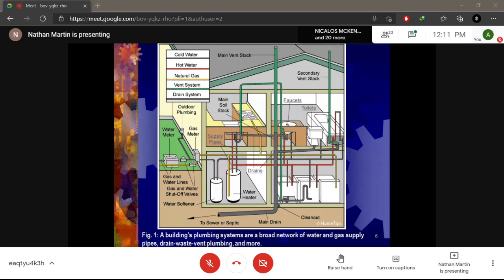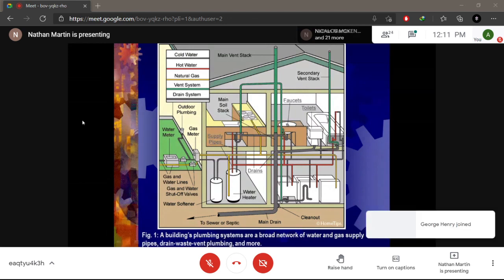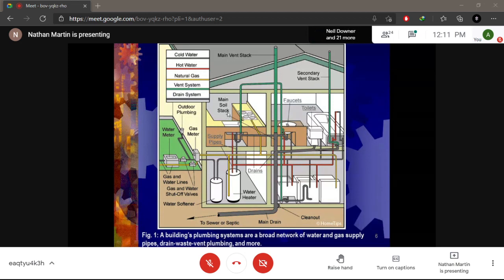So the traps are very useful in terms of locking out the smell from gaining access to the inside of the facility. Traps are purposely designed for that purpose, to use water to create a barrier so harmful gases cannot come back into the house. Without the traps, you will have gases.